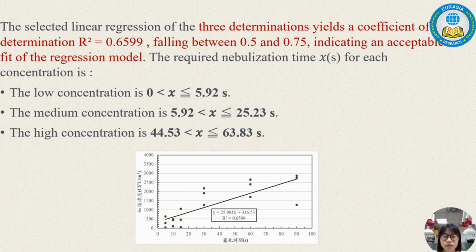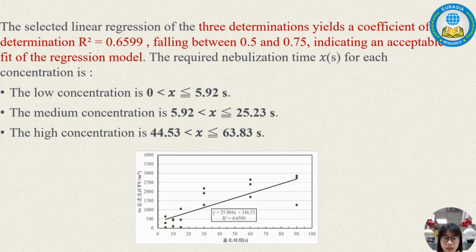Here are the atomization times needed for each concentration. The low concentration is greater than 0 and less than or equal to 5.92 seconds.